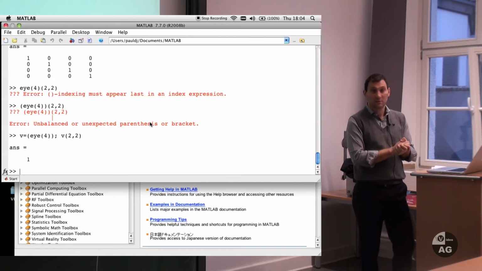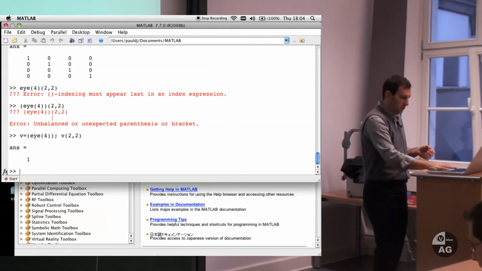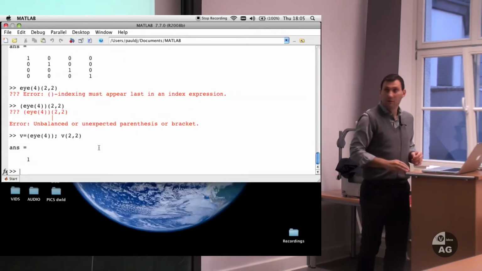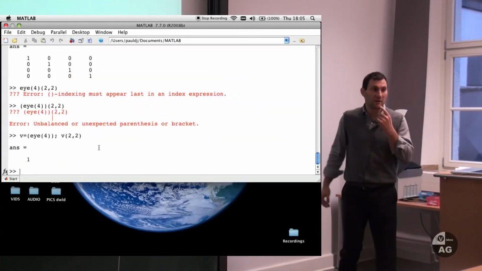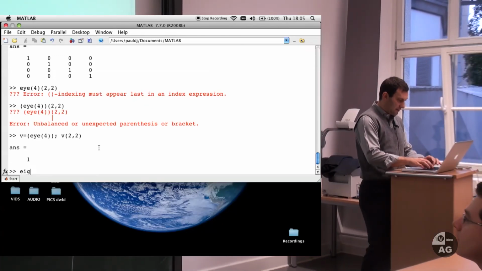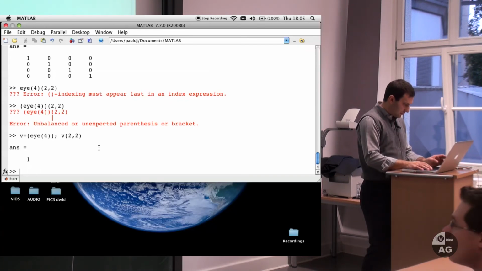The syntax of Matlab is such that they overload the operators and the functions like crazy. I don't know if you have ever seen overloading like this. Let me show you. You say eig. Oh, first of all, I need to create a random matrix. We have a random matrix already. Is it C?